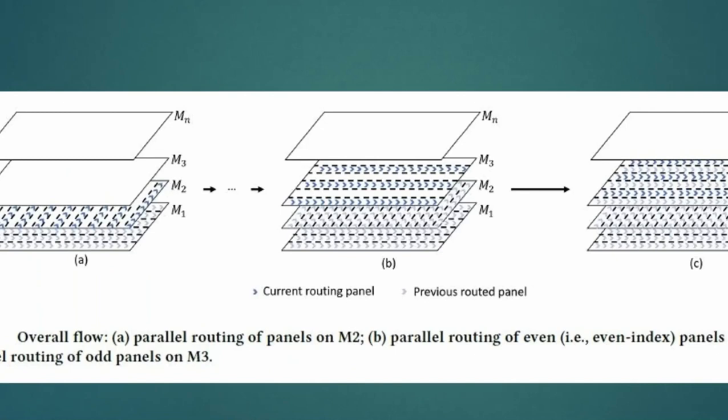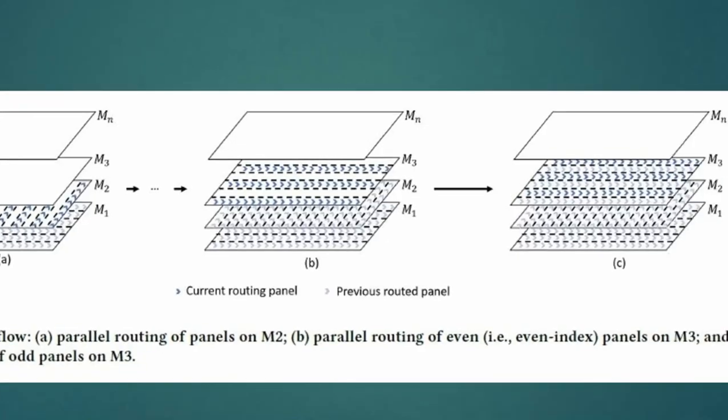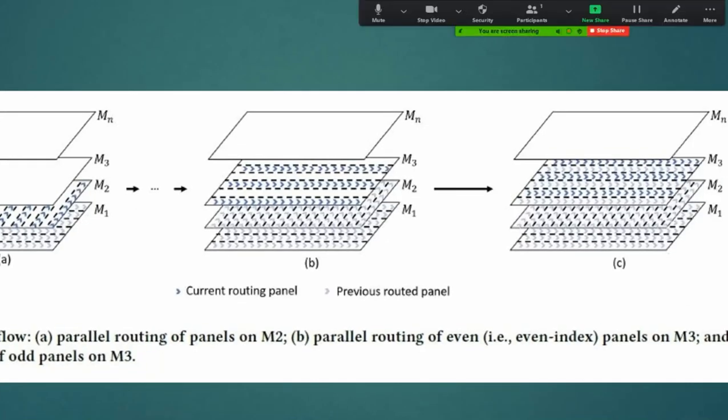Routing in M3 will begin only if routing in M1 and M2 have completed. That's sequential execution. And if you see Mn, the routing has not been done yet. So only if M3 gets completed will the upper layers be routed. So this is what it means.